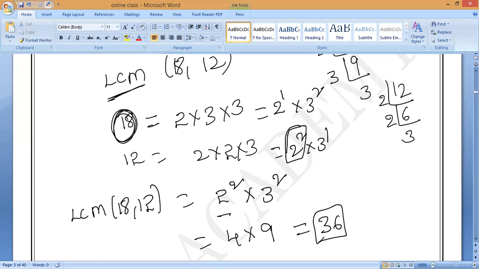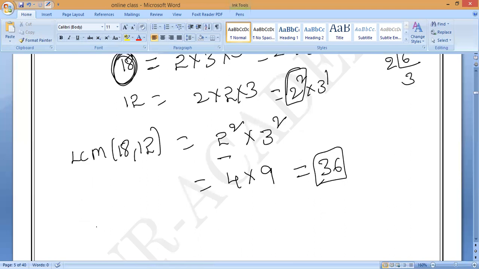Therefore, Sonia and Ravi will meet again at the starting point after 36 minutes.